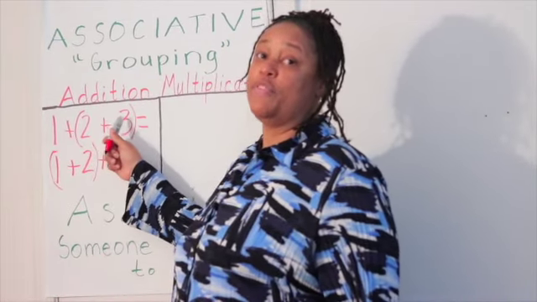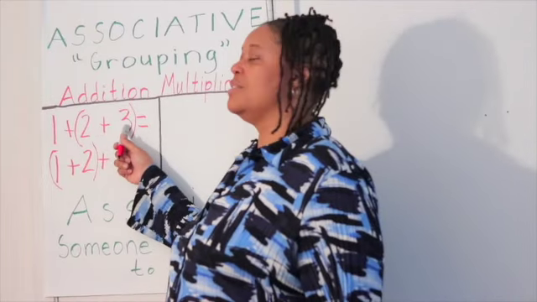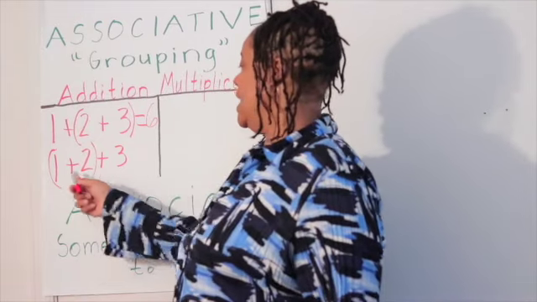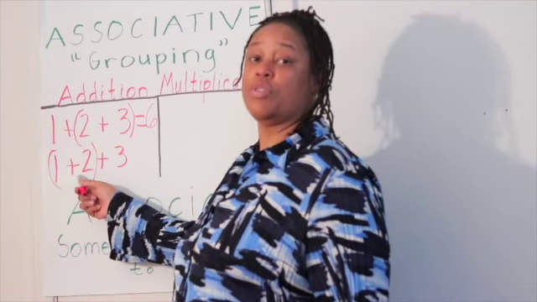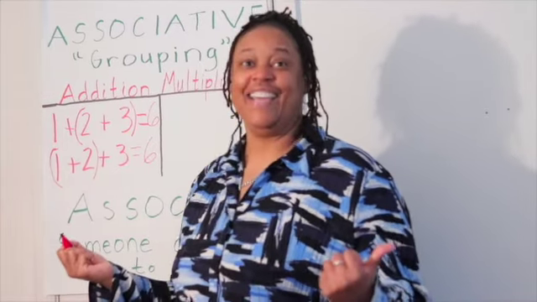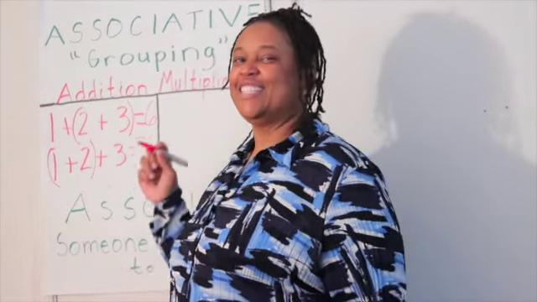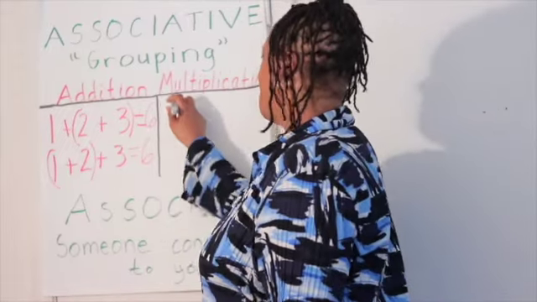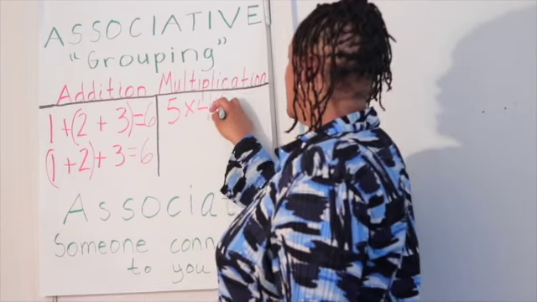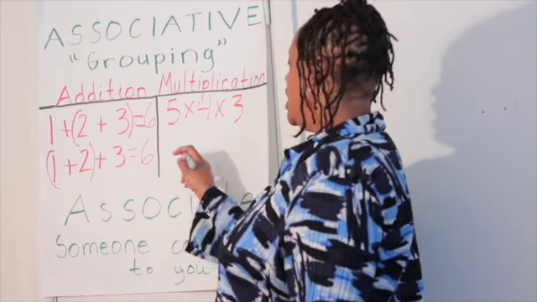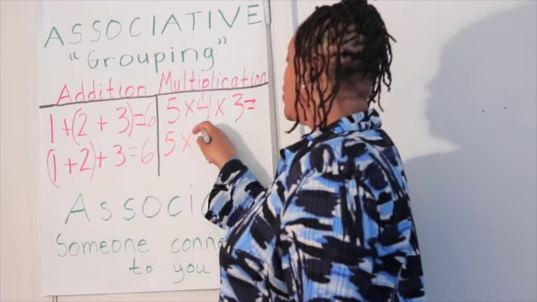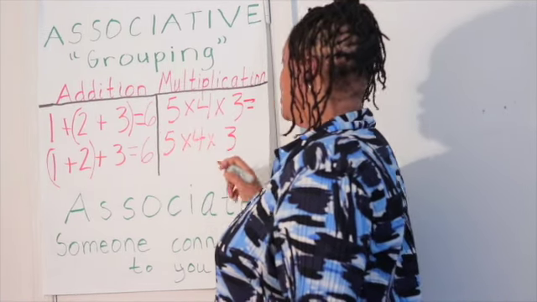Let's see if we get the same answers. Because we have to start with order of operations, 2 plus 3 is 5, plus 1 is 6. In this one, 1 plus 2 is 3, plus 3 is also 6. Hey, it worked. Let's use multiplication. 5 times 4 times 3 should equal 5 times 4 times 3.